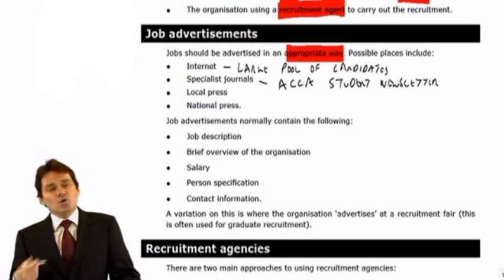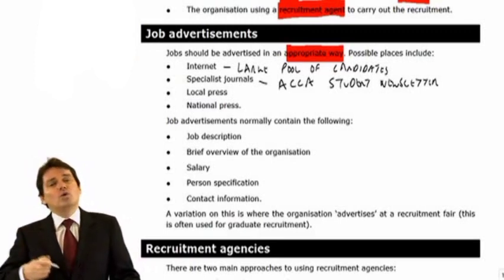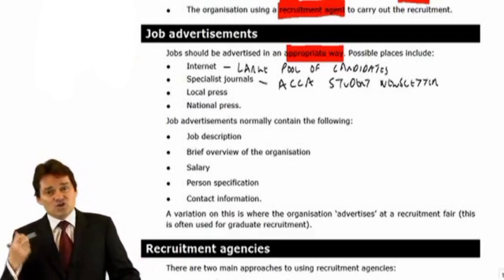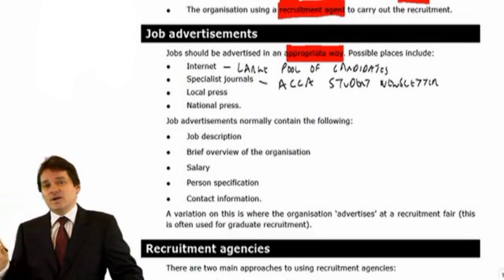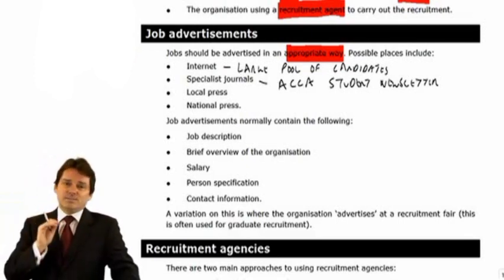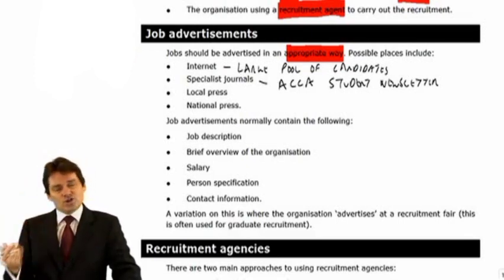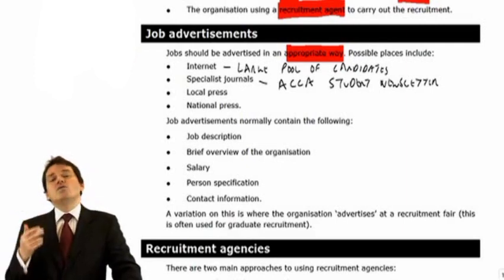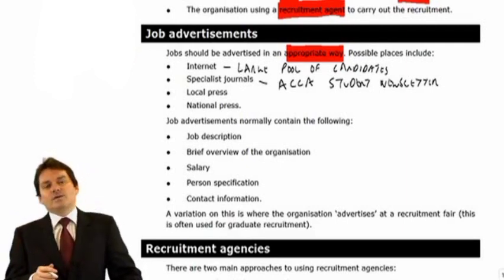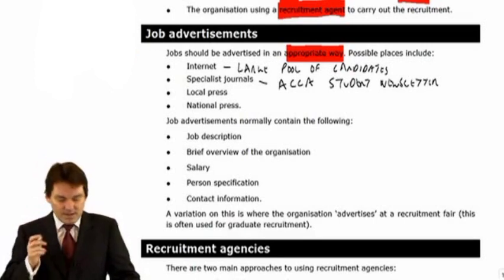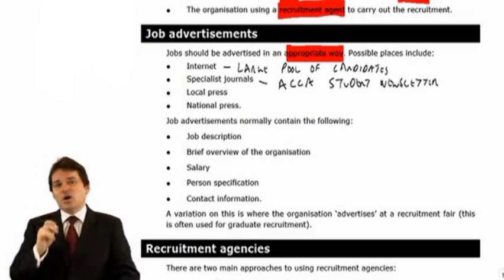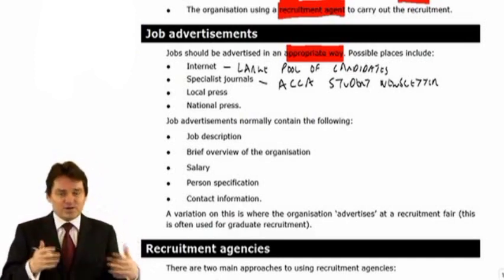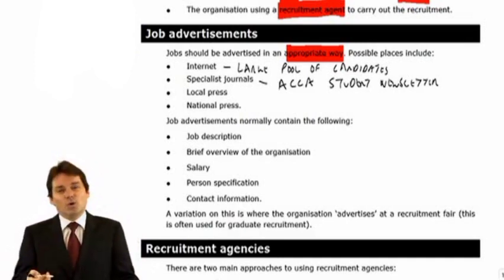They're not for junior level positions. They're not for what are called entry level positions, the first job somebody has as an accountant. They're often for something where you need 2 or 3 years experience, because they're often going to be students who have got 2 or 3 years experience. They will be able to find out about those jobs and they'll apply for them. So specialist journals are a good, cost-effective way of advertising your job to the kind of person that you want.